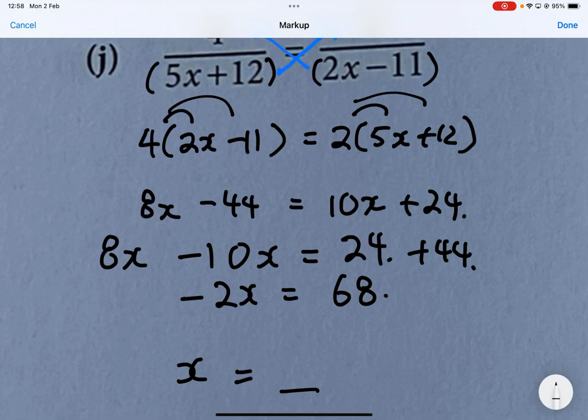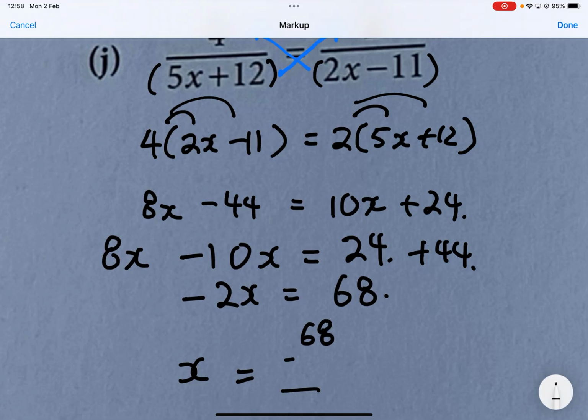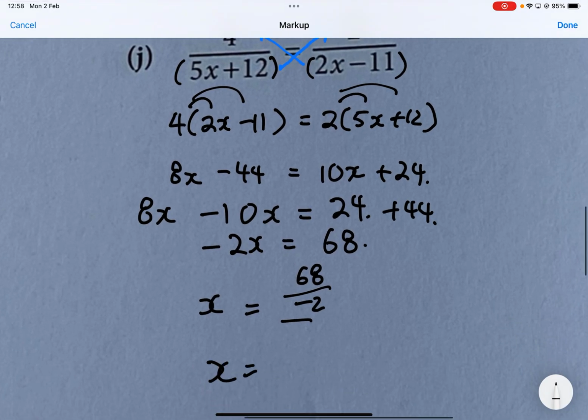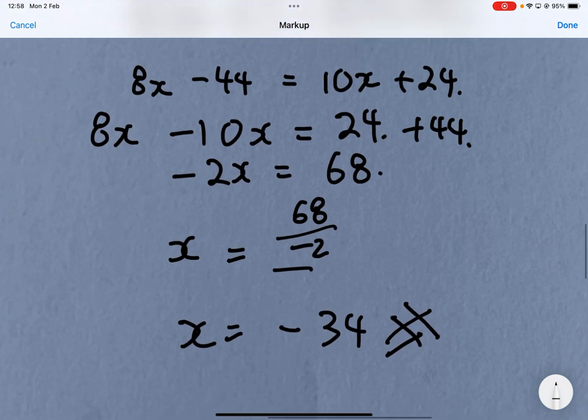I need to divide by negative 2 on both sides. Please, follow so far?